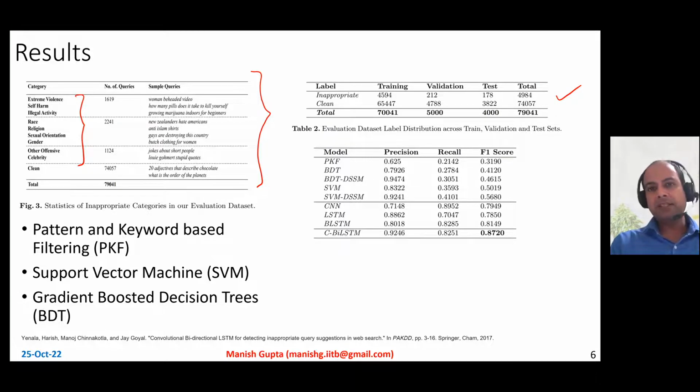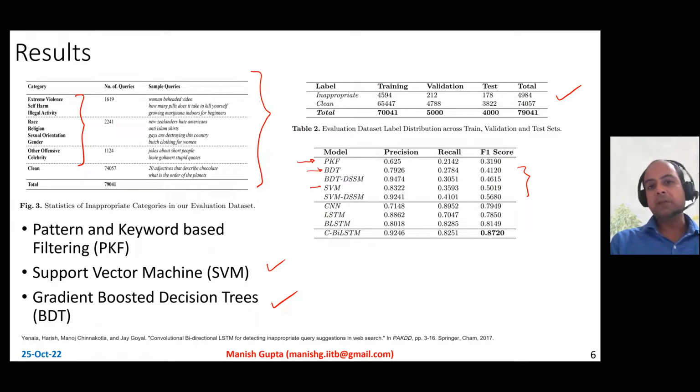The first kind of model that comes to mind to remove such inappropriate suggestions is a pattern and keyword based filtering method, where you would try to come up with some blacklists and whitelists and then do filtering based on them. Other popular methods use n-grams as features and build traditional machine learning classifiers based on such n-gram frequencies, like boosted decision trees or SVMs.